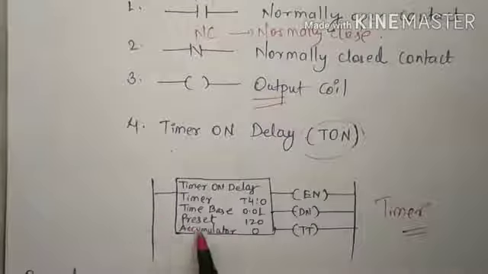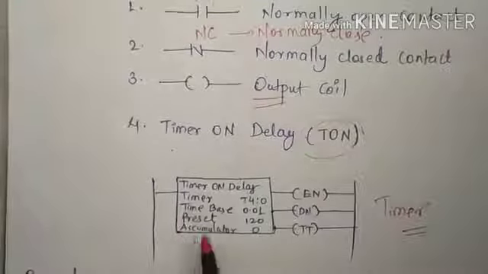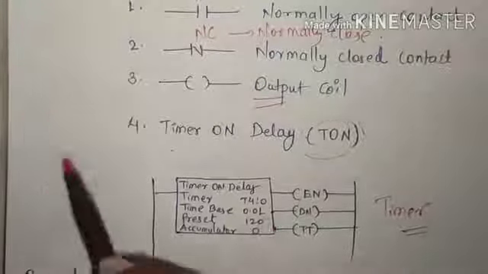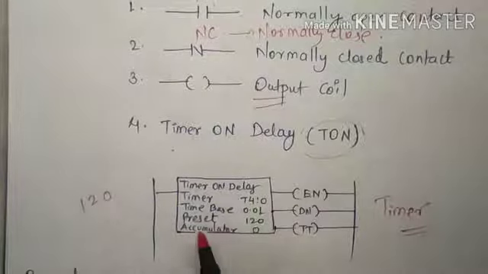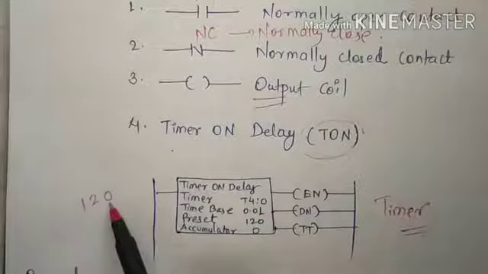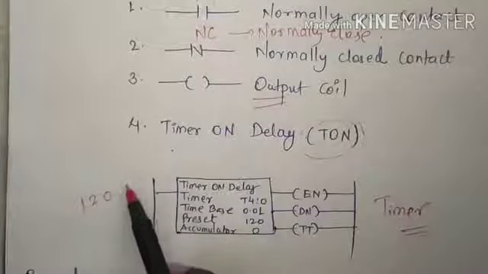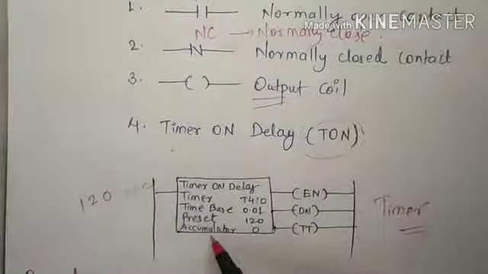The accumulator value is 0. If the preset is 120, it means the value is already set to 120. Let's suppose the time is in seconds, 120 seconds. Then what will the accumulator do?